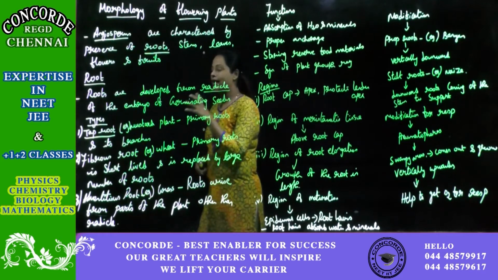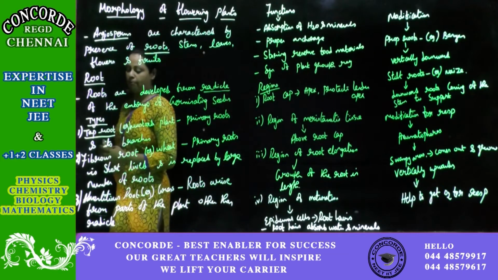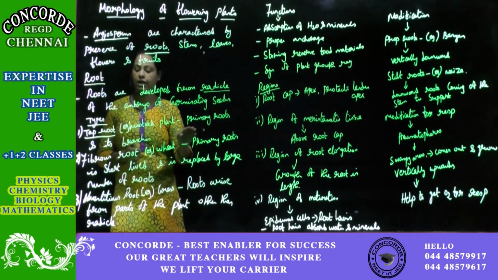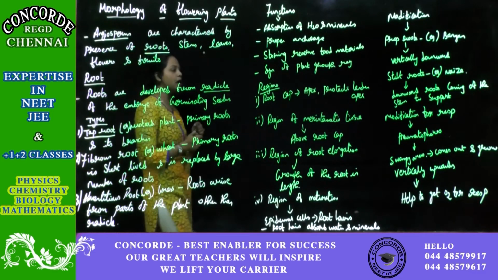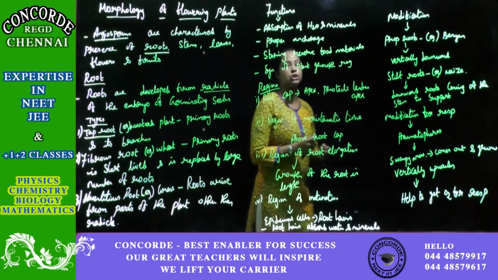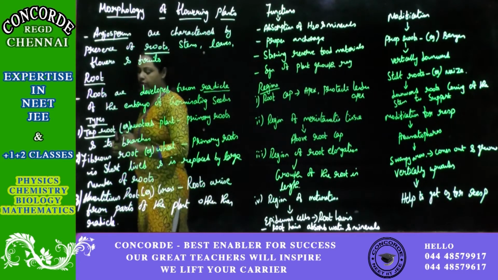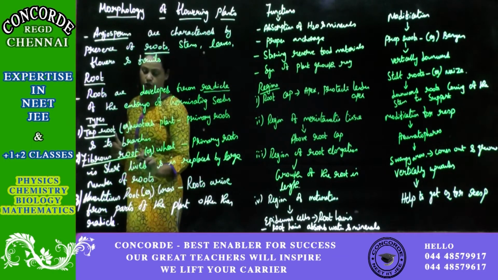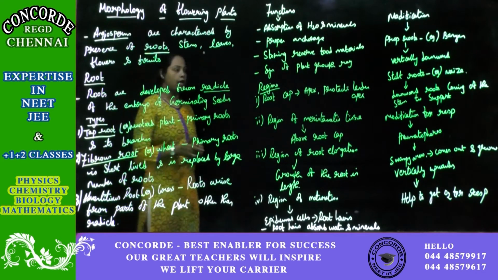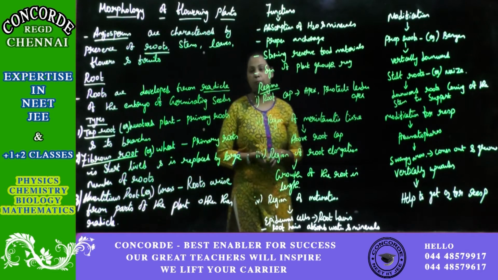How exactly does the taproot appear? It is a primary root which has its branches. Those branches we call the taproot system. Next we move on to fibrous root. Fibrous root example is wheat plant.